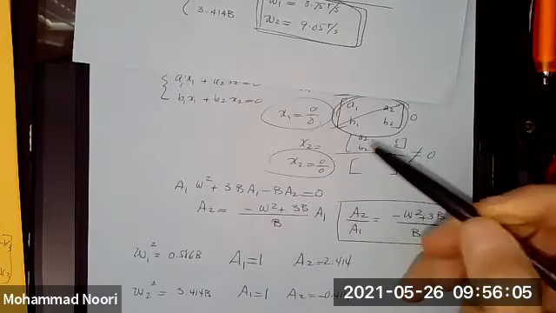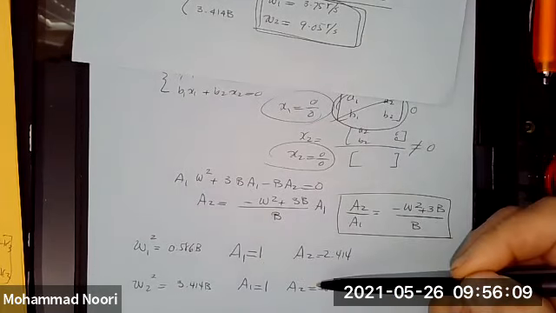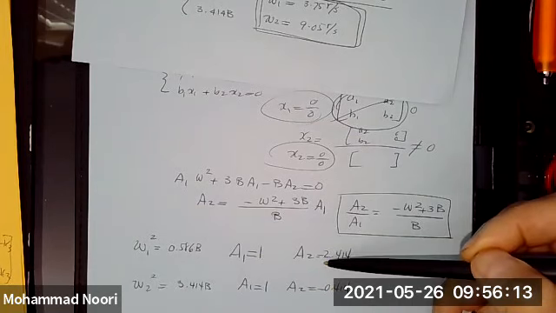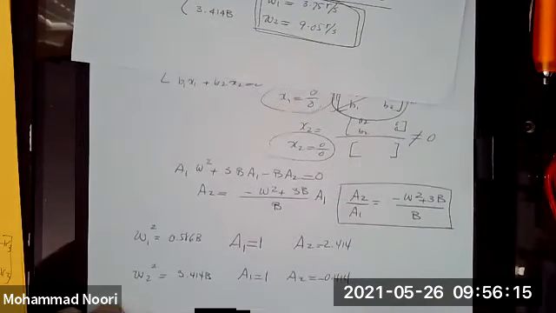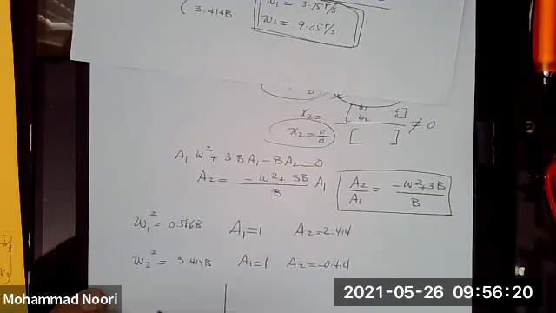So for each frequency, we can only find the qualitative value or qualitative shape of the deformed system. In other words, for omega 1, if this mass moves 1 unit, the other mass would move 2.414 units.